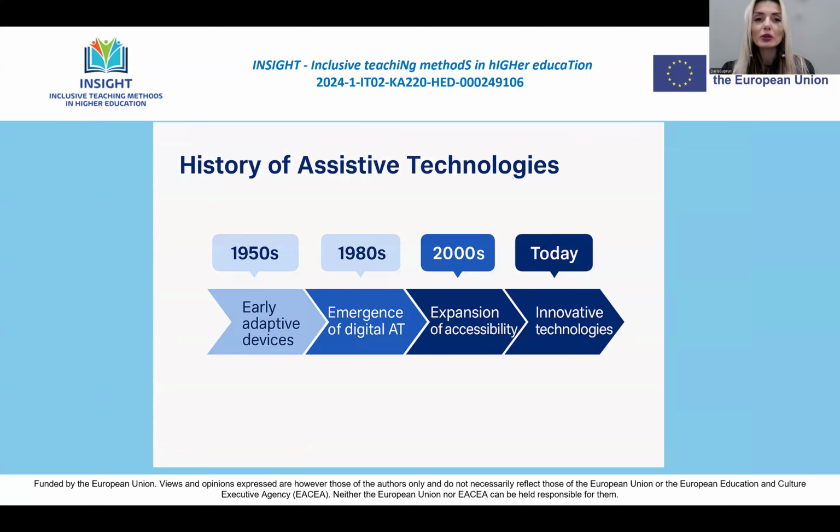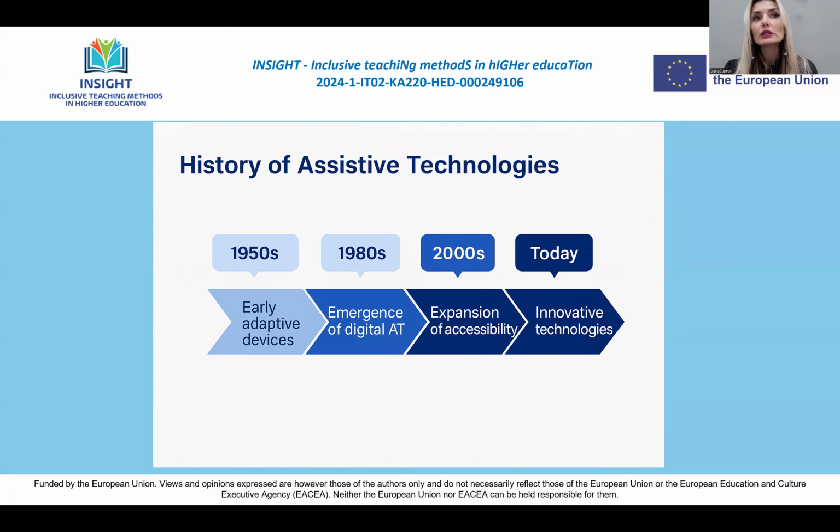Let's speak a few words about the history of assistive technology. We can see a not so big chain. We start with early adaptive devices. And really, in a global context, the first attempts to create assistive learning tools appeared in the 1950s and 1960s. Then we can continue with the emergence of digital assistive technology. And here we stand on the 1980s.